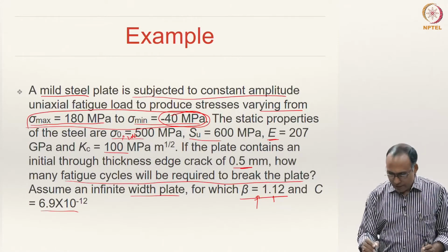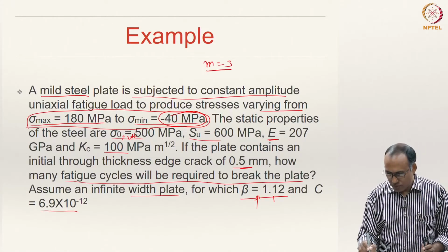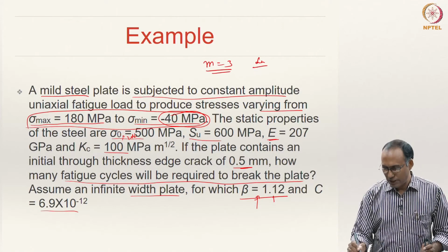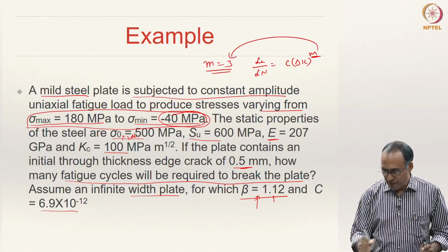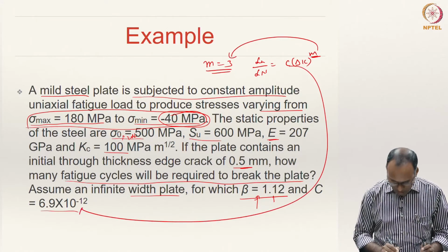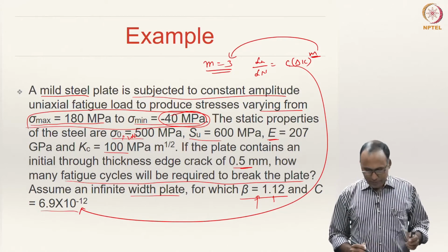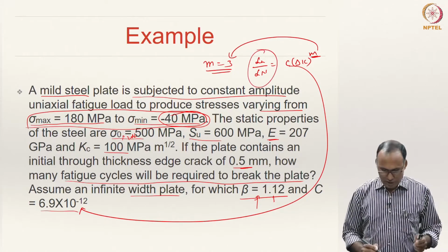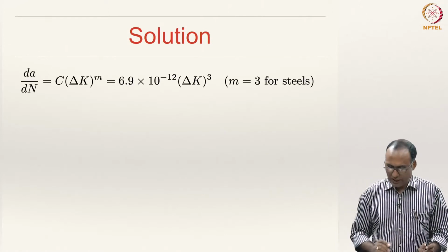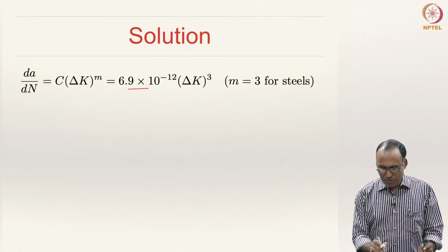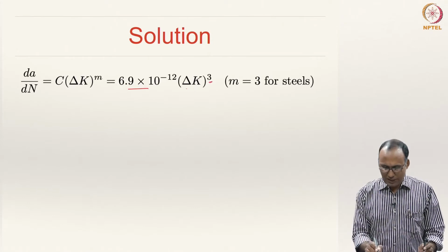So, for steel m is given as 3 in the formula dA by dN equal to C delta K whole power m, and C is given here in consistent units. So, C is plugged in, m is plugged in, and delta K.